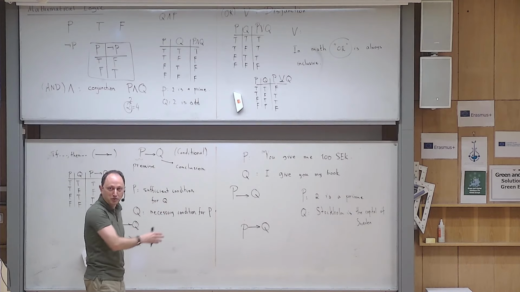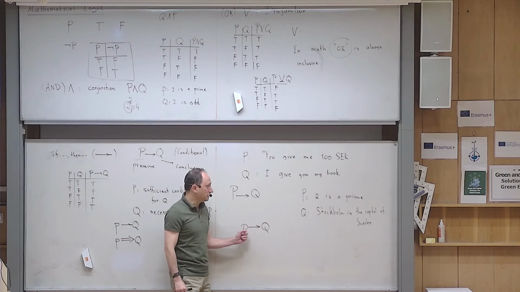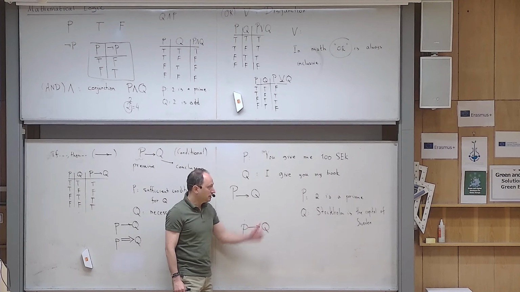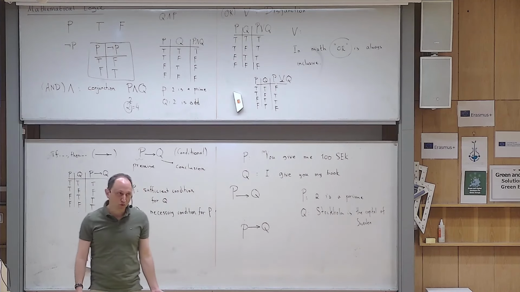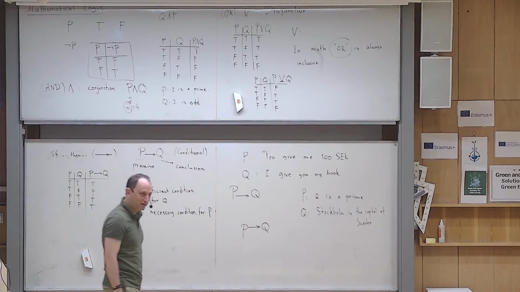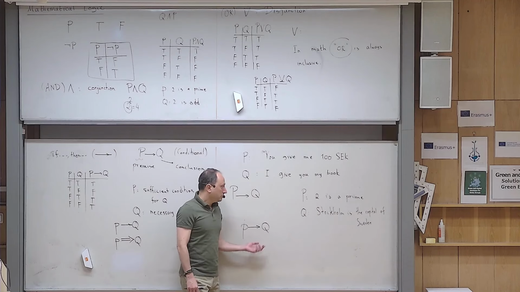In logic, this is completely sensible. How do you read this? You read it as if 2 is a prime, then Stockholm is the capital of Sweden. So yeah, in normal language we will never come up with this kind of combinations, but in logic it might be happening. But now I'm asking you, what do you think about the truth value of these compound statements?